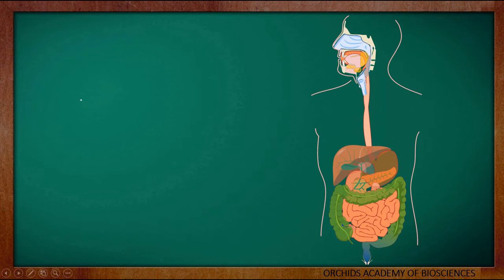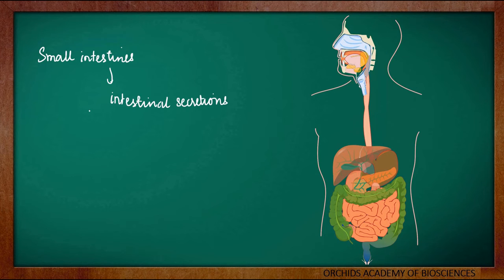And finally, there will also be some secretions from the walls of the small intestine. These secretions are called intestinal secretions or intestinal juices. Finally, these intestinal juices will do the final conversion, and we have to remember these three major conversions clearly.